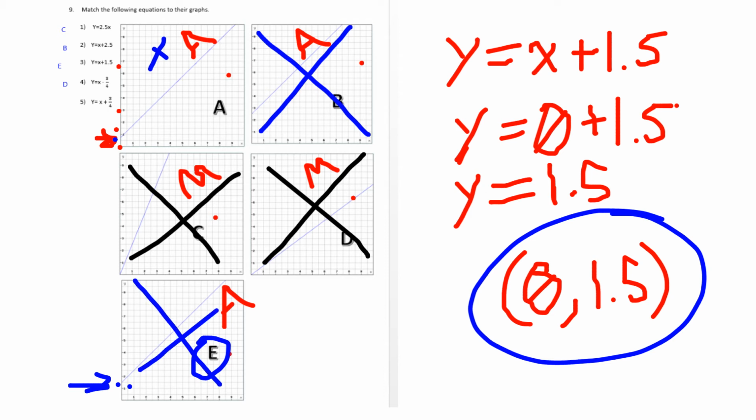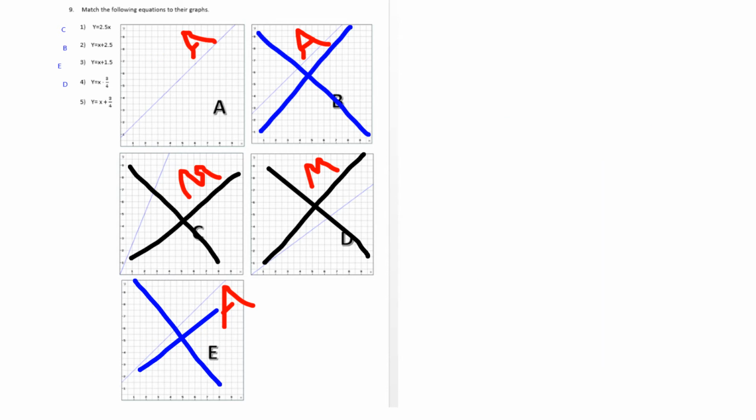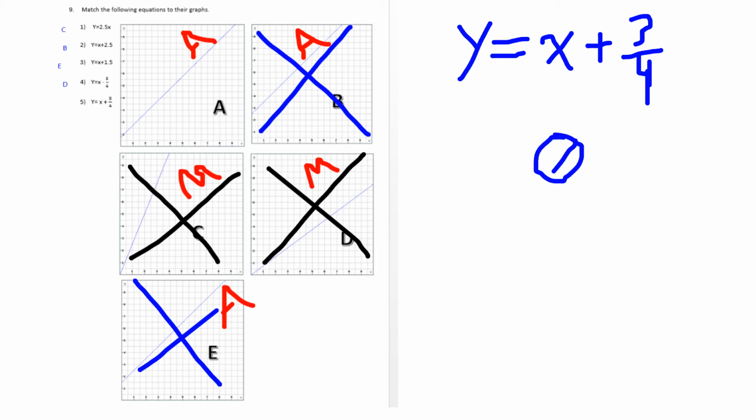But the safe thing to do is to still check to make sure it's reasonable. So what I'm going to do is just erase this up and we're going to check. So my last equation is y is equal to x plus 3/4. So when that's the case, a good value to check always for x is 0. When x is equal to 0, what is y going to be equal to?